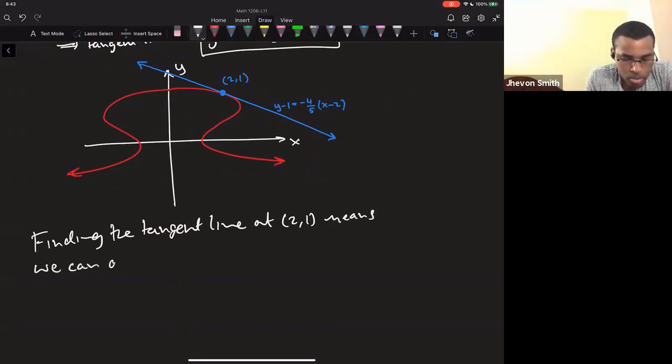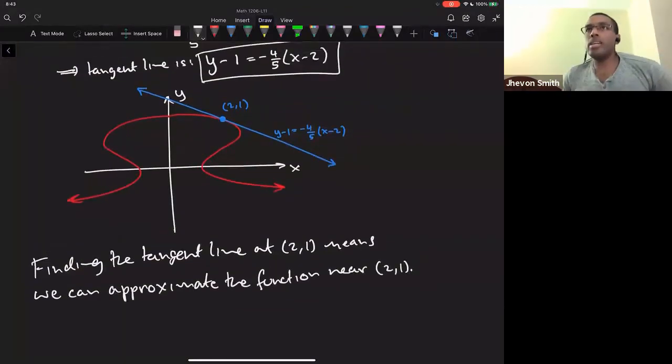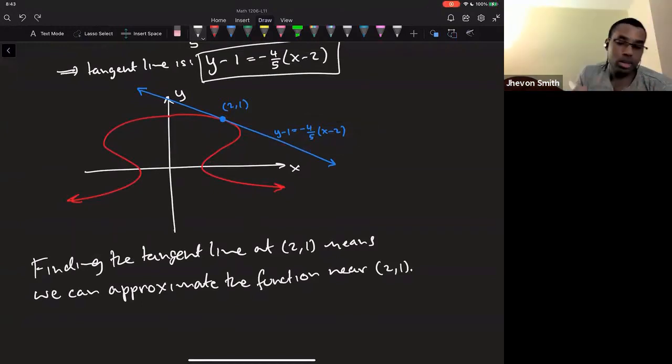So what this basically means, we can approximate the function near (2, 1). So the idea is, I don't know what the function is, like y equals blah, I don't know what that is. However, if I were to zoom in close to (2, 1), then whatever that formula is, it is going to behave very close to that formula, right?